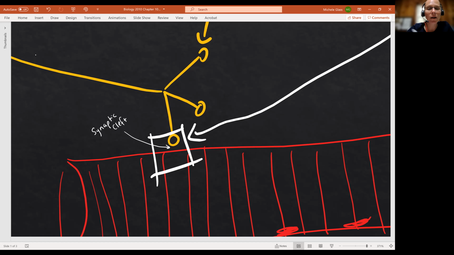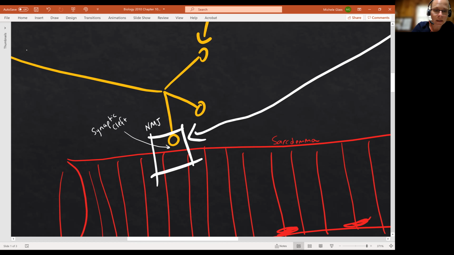So when we're talking about our NMJ, neuromuscular junction, the synaptic knob of the neuron, shown in yellow, is close to the skeletal muscle fiber. So this is actually, remember, our sarcolemma.